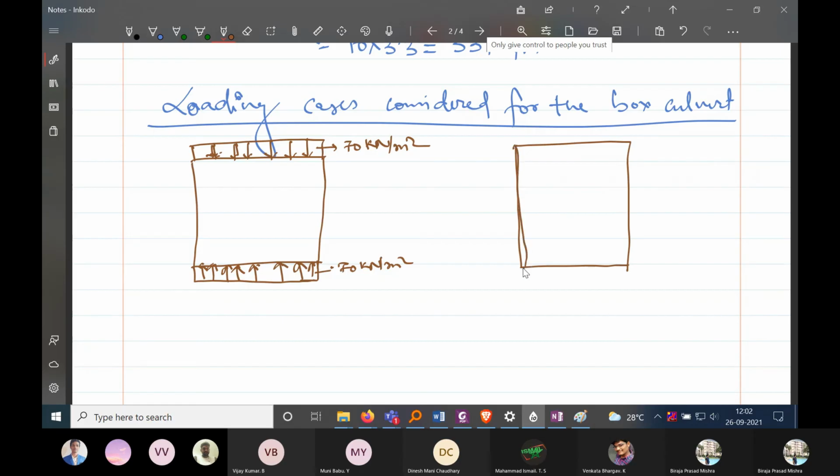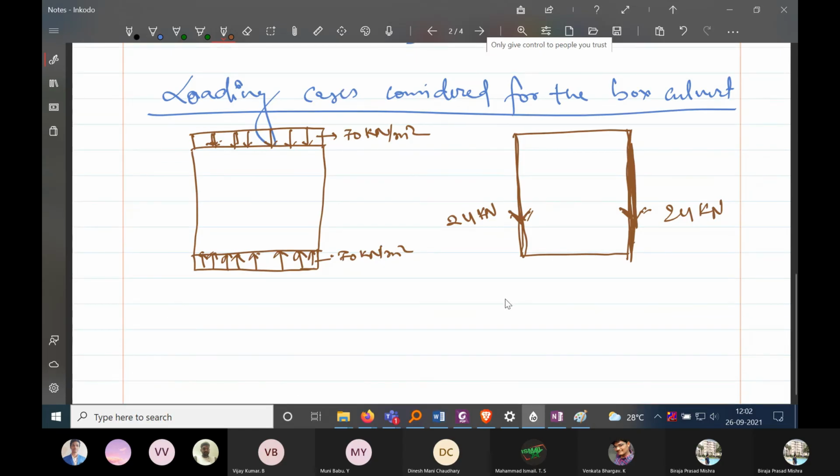It is 24 kilonewton. So this side also, it is only a point load or concentrated load, 24 kilonewton.